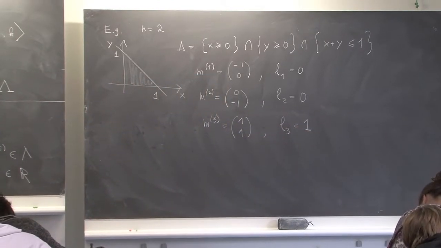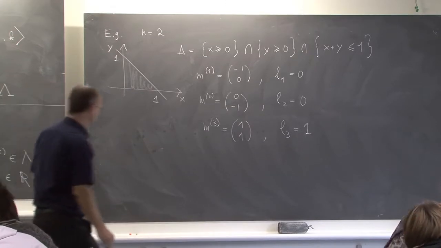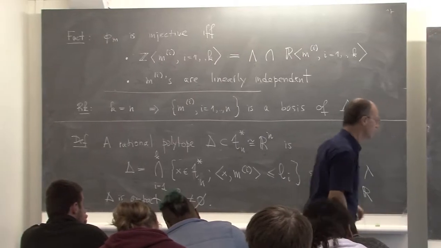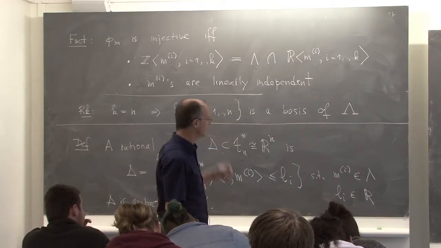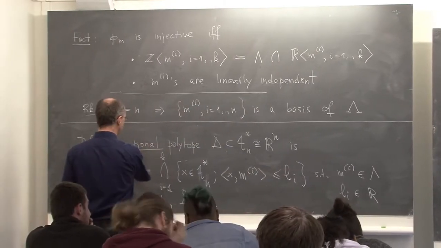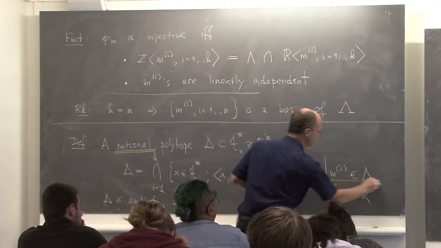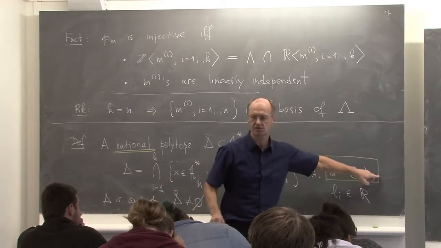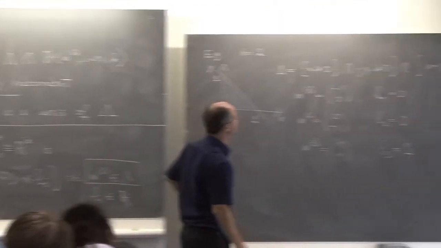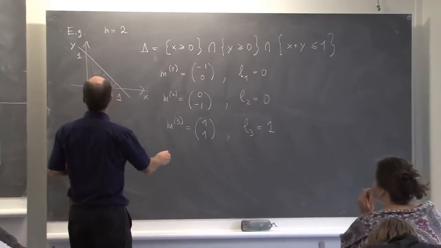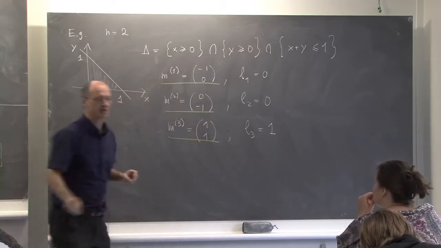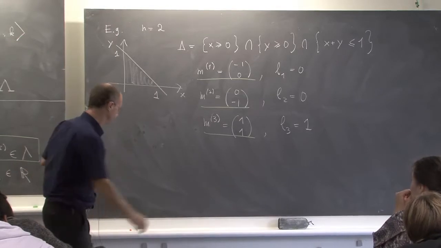This would be the triangle sitting at 1, 1, and if you want to move this coordinate, you should replace l_3 with something else. So note that these were basically just polytopes in R^n. The only requirement, which was the rationality requirement, is that I can choose those normal vectors to be in Lambda. And here, as you can see, they can be chosen to be in Lambda.